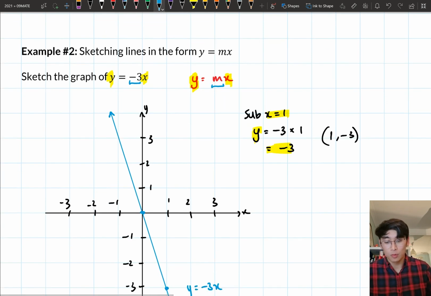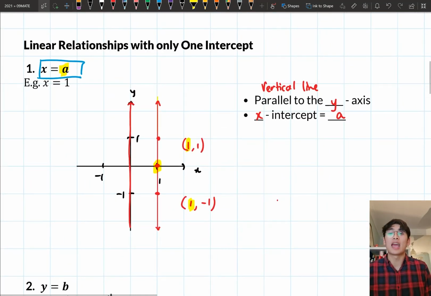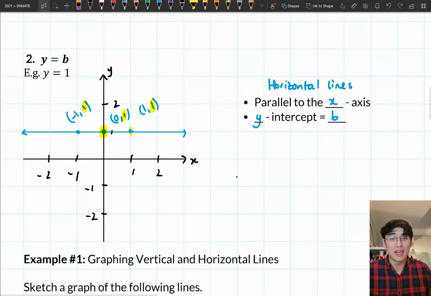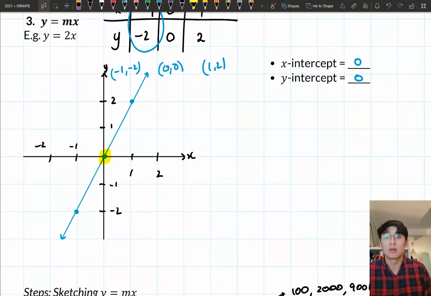The first one was x is equal to a number, and that gave us a vertical line that was parallel to our y-axis. The second one was y is equal to b, where we had a horizontal line which had an intercept of b. And the final one was y is equal to mx, which went through the origin, and then we had to substitute a second point to help us sketch that specific linear relationship.